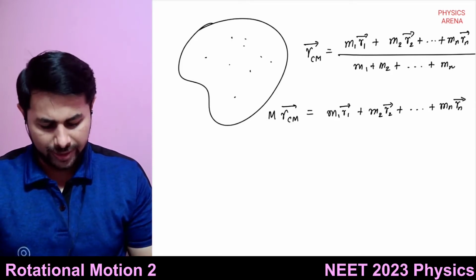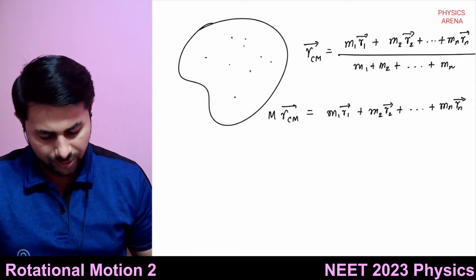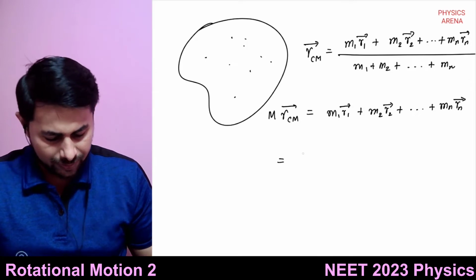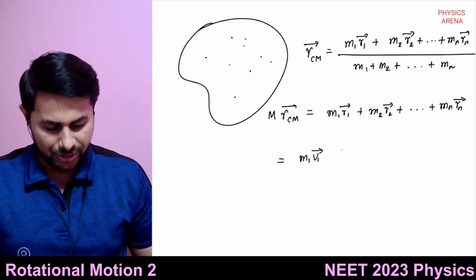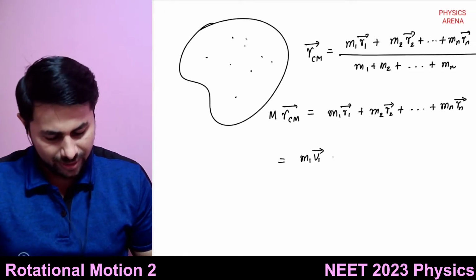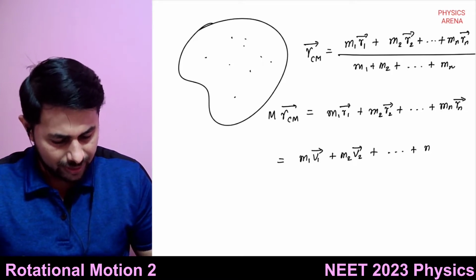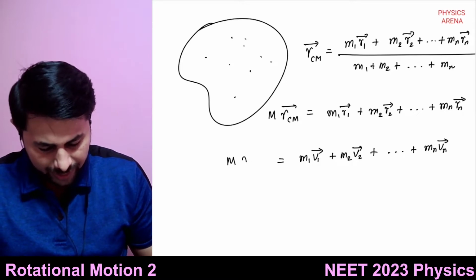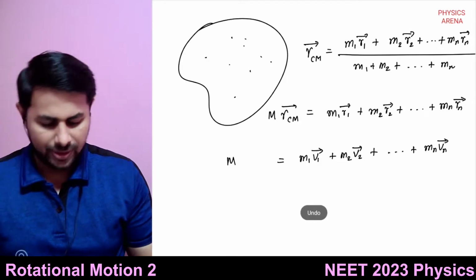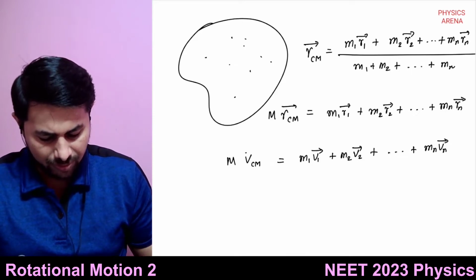Then if you take the derivative of this equation with respect to time, what do you get? You get m1 v1 bar plus m2 v2 bar and so on up to plus mn vn bar, because the derivative of position with respect to time is velocity. This is equal to m multiplied by the derivative of the position vector of the center of mass with respect to time, which is the velocity of the center of mass.